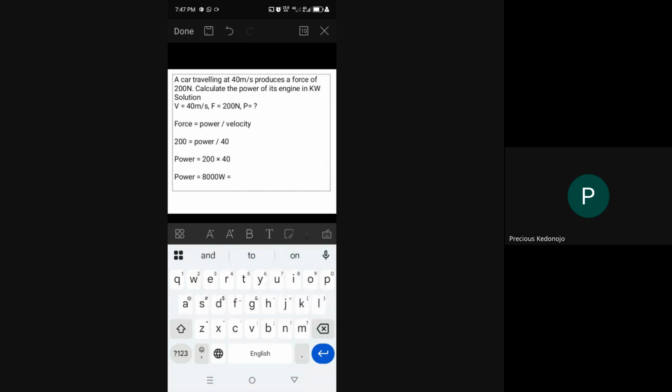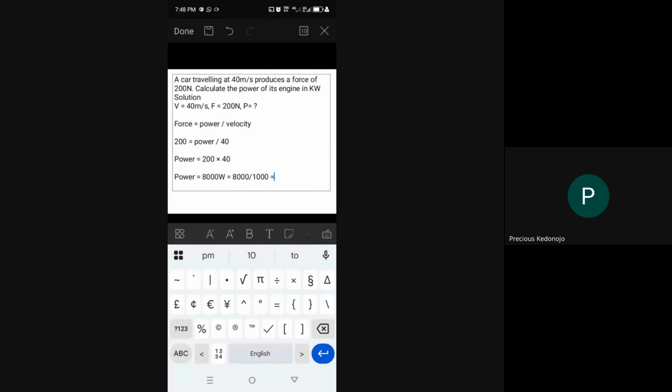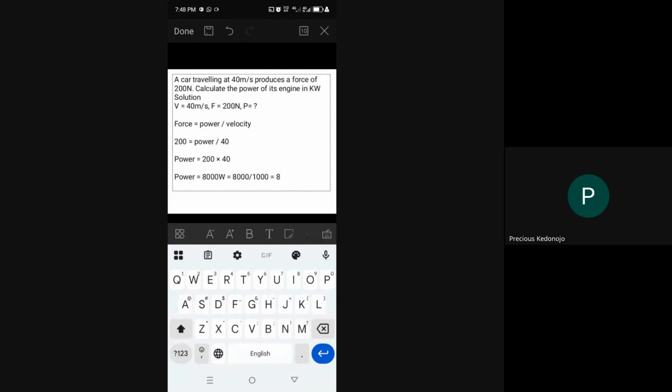It's the same as not answering the question at all. So how do you convert from watt to kilowatt? You divide by 1,000. So 8,000 divided by 1,000, which means in kilowatt, the answer will be 8 kilowatts. Do we see that?